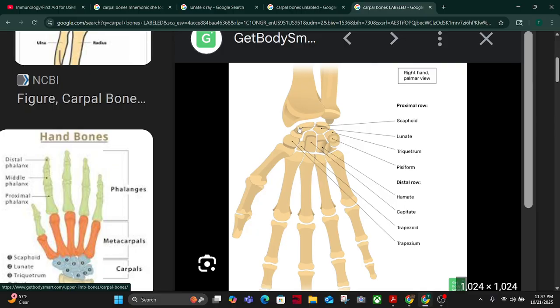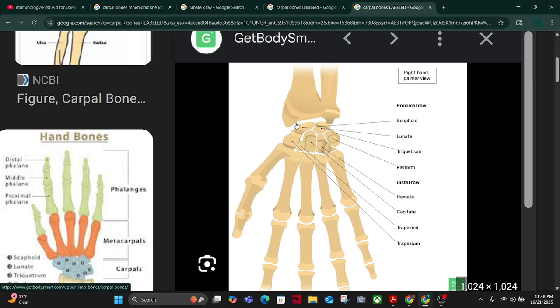But yeah. She looks too pretty. Okay. And then we have the try to catch her one, which is trapezium and trapezoid.